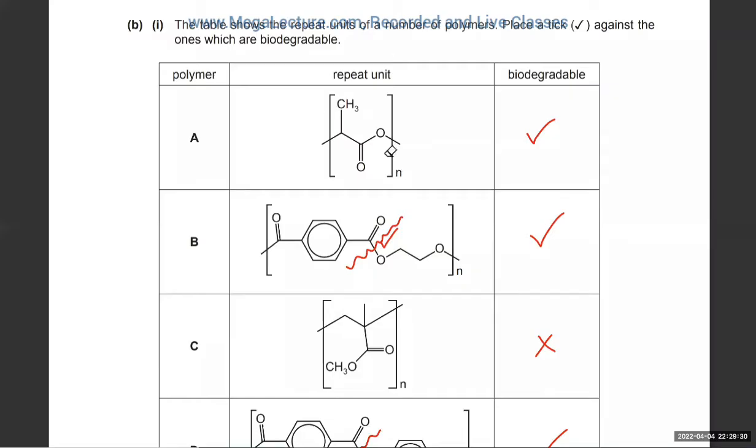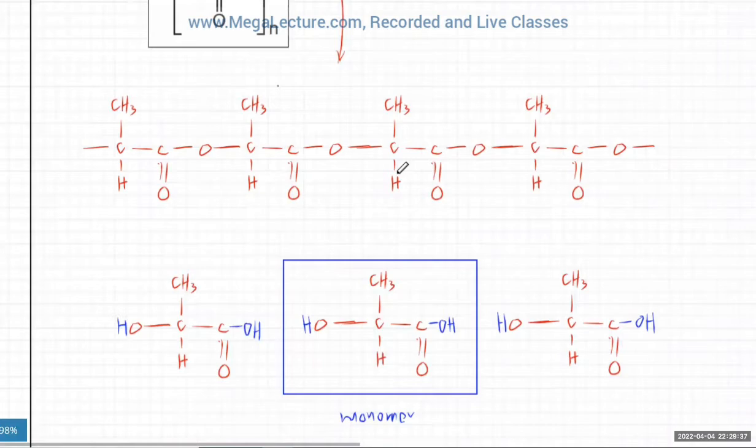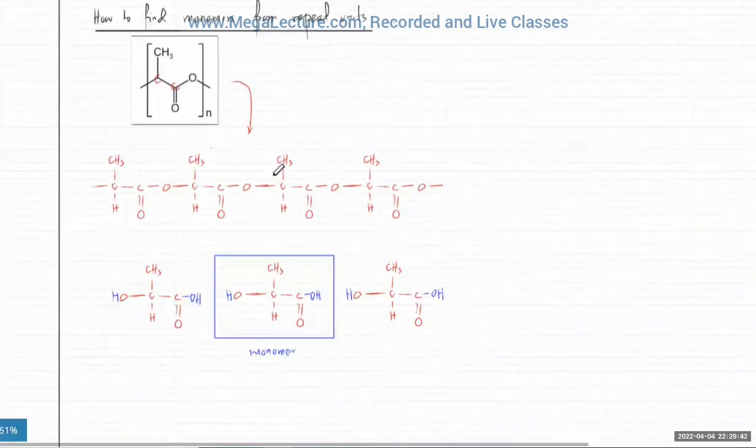So for this question, if they ask you to draw the monomer, make sure this is what you're going to do. You're going to make repeat units of this, connect them, extend this, and draw and break the ester linkages. Break all the linkages and start adding the OH, H, and OH back again. That will give you your monomer. Is that clear?